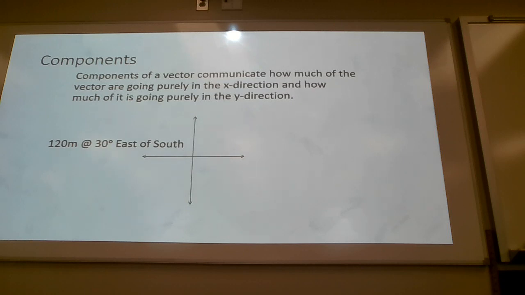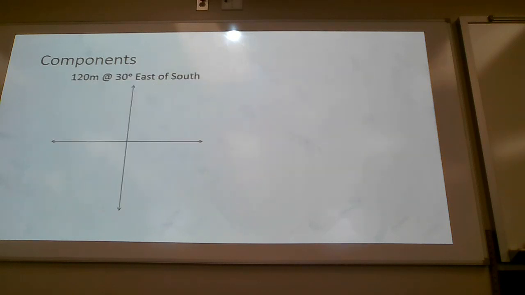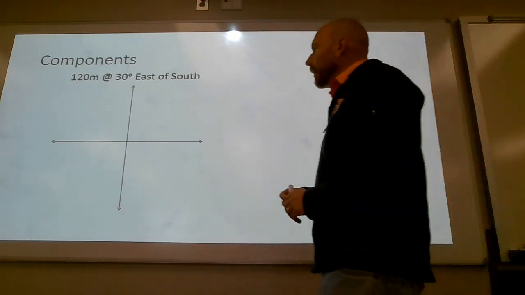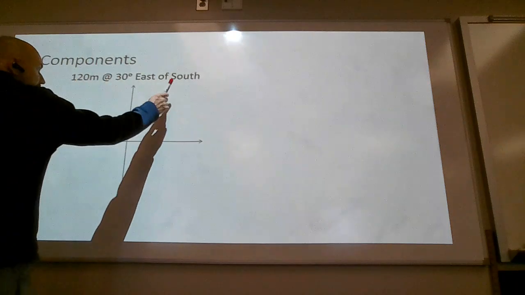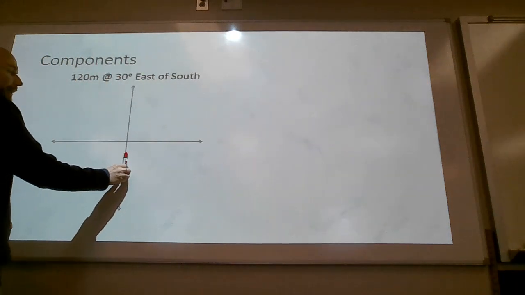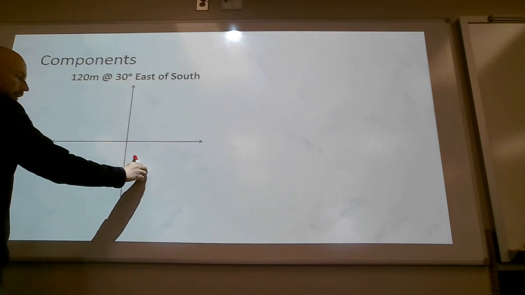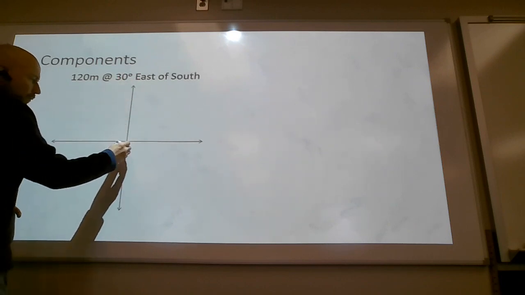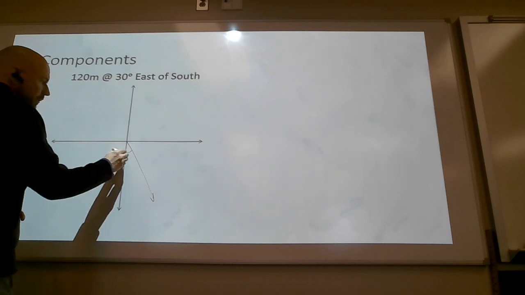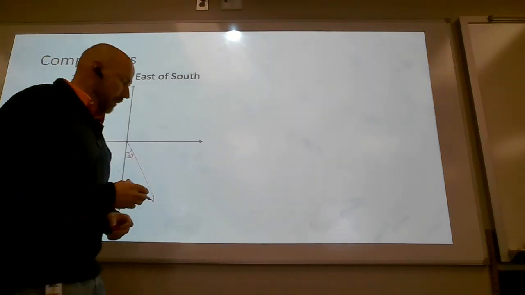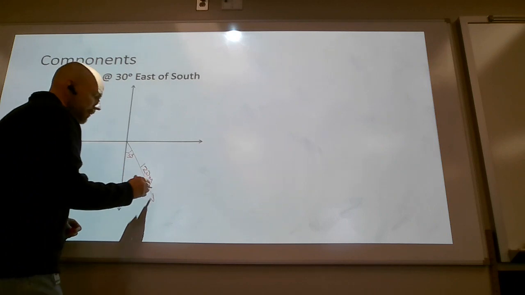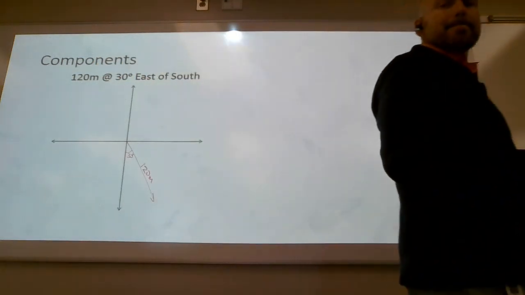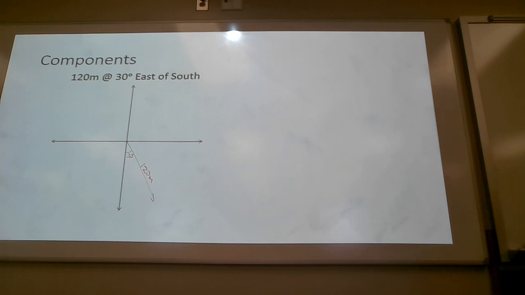Thumbs up when you have a mental image of that. Okay, so we're going to read that backwards. We're going to say start at south and go east 30 degrees. And we're going to label that 120 meters. Get that okay?